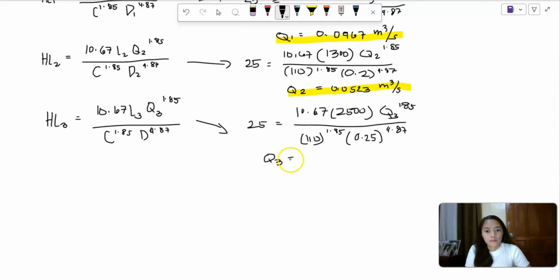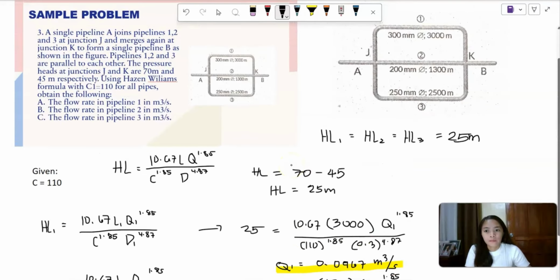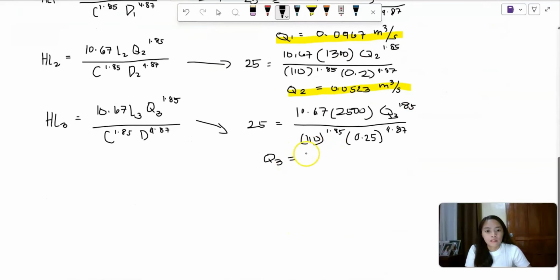Our discharge, or the flow rate in pipeline 3, is 0.066 cubic meter per second. So we already got the flow rate in pipelines 1, 2, and 3.